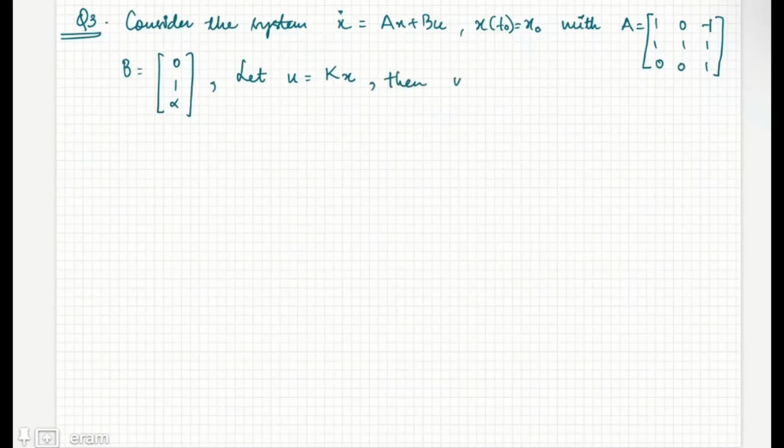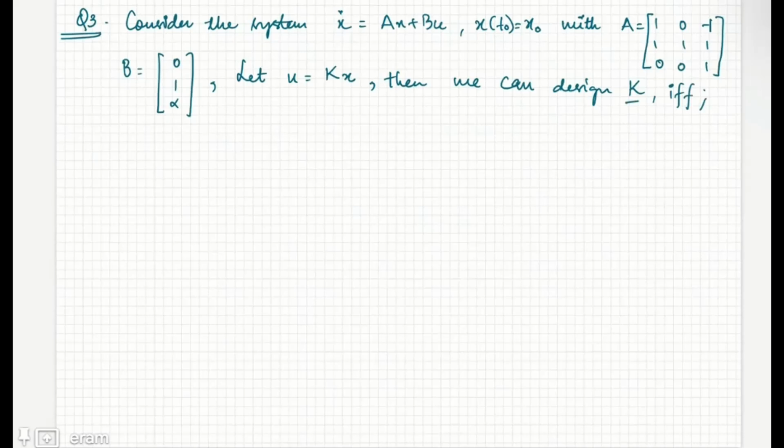Then we can design the feedback matrix K if and only if.